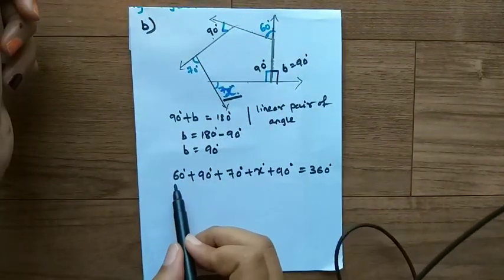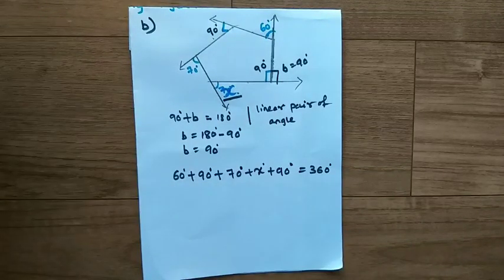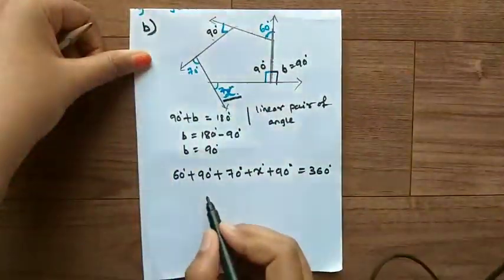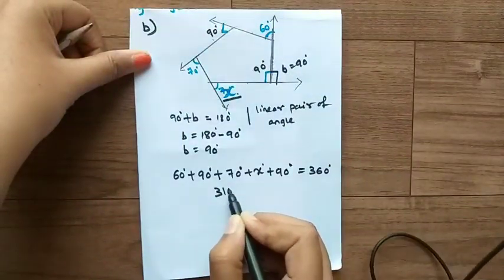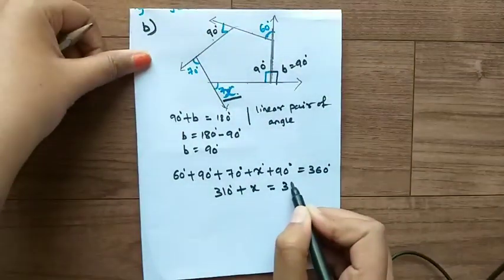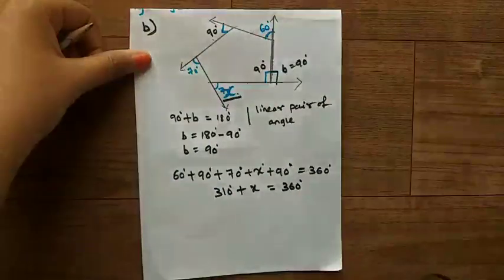So 60 plus 90 plus 70 plus 90 is equal to how much? The sum of these angles is 310 degrees, x keep as it is, which is equal to 360 degrees. So here 310 degrees is the constant number.